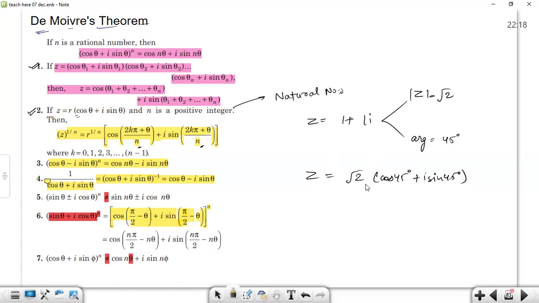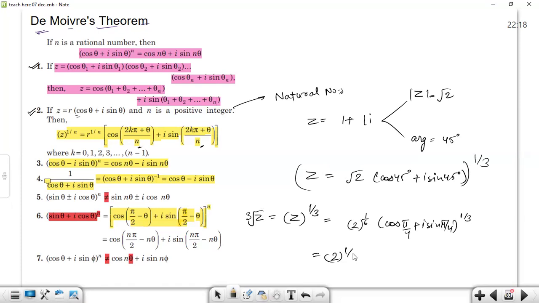Clear? Yes, sir. Now, let's say we had to find z raised to power 1 by 3. It's like we are finding the cube root of the complex number. So we simply take the 1 by 3 power. This becomes the square root of 2 to the 1 by 2 into 1 by 3, which is 1 by 6, times (cos pi by 4 plus iota sine pi by 4) raised to power 1 by 3.